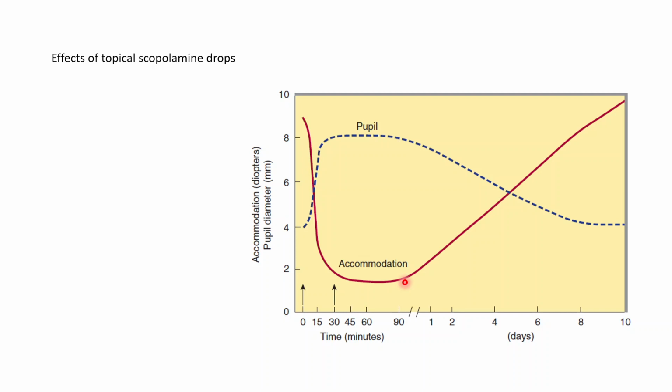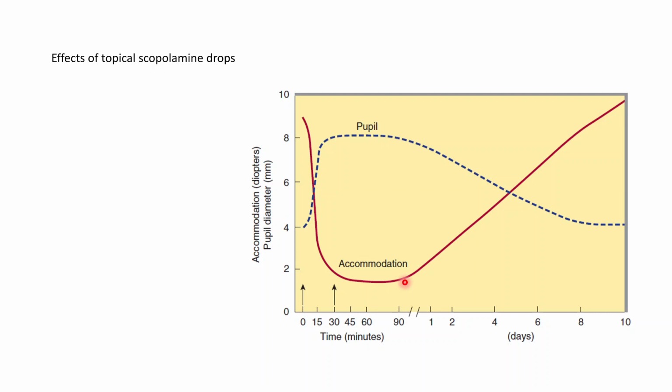That is a common adverse effect. And the gastric secretion is blocked less effectively. The amount of hydrochloric acid secretion and pepsin secretion is reduced.